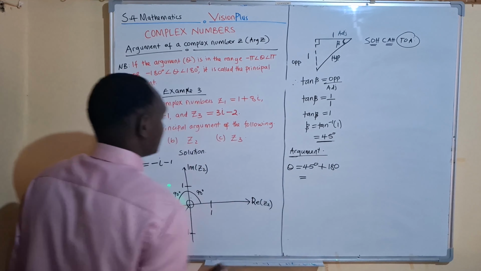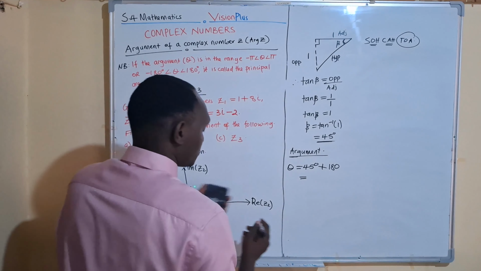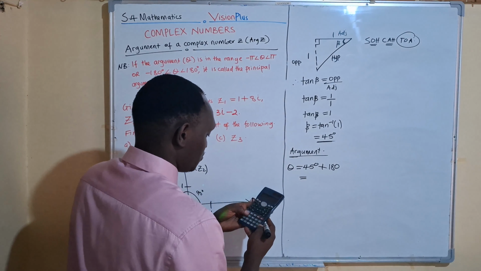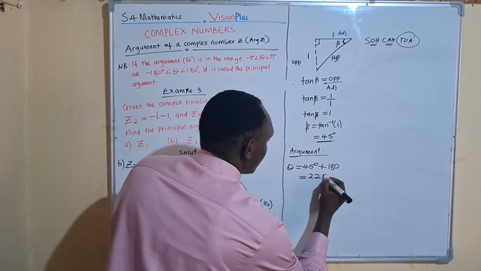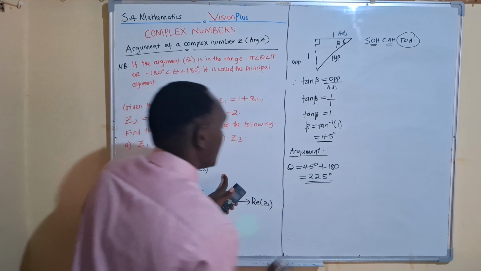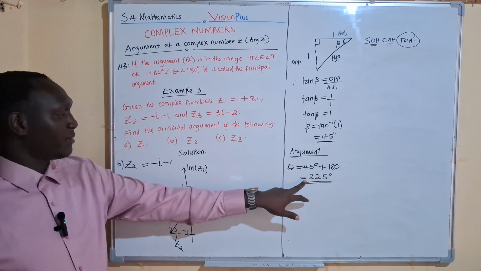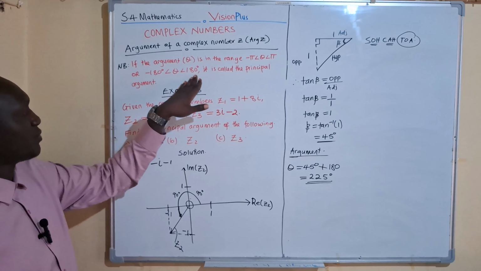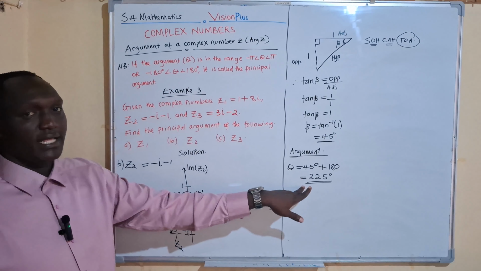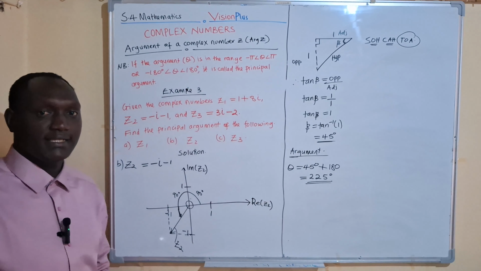This now gives us 225 degrees. Now, after getting the angle, you compare it to the range of negative 180 to 180 degrees. Is it falling there? No. 225 is outside. It is more than 180 degrees.